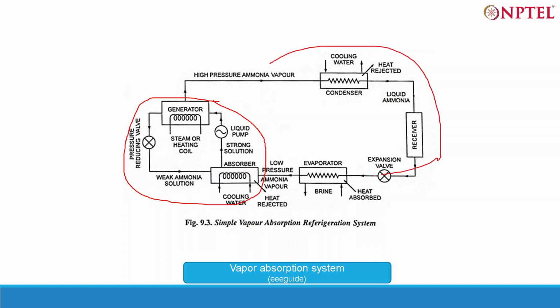There are two liquids: a weak ammonia solution that takes heat and converts to a strong ammonia solution. In the generator, high pressure ammonia vapor goes to the condenser, which rejects heat. Then it goes to the receiver, expands and goes to the evaporator, takes heat from the storage side, and then goes back to the absorber. So this is how it works.